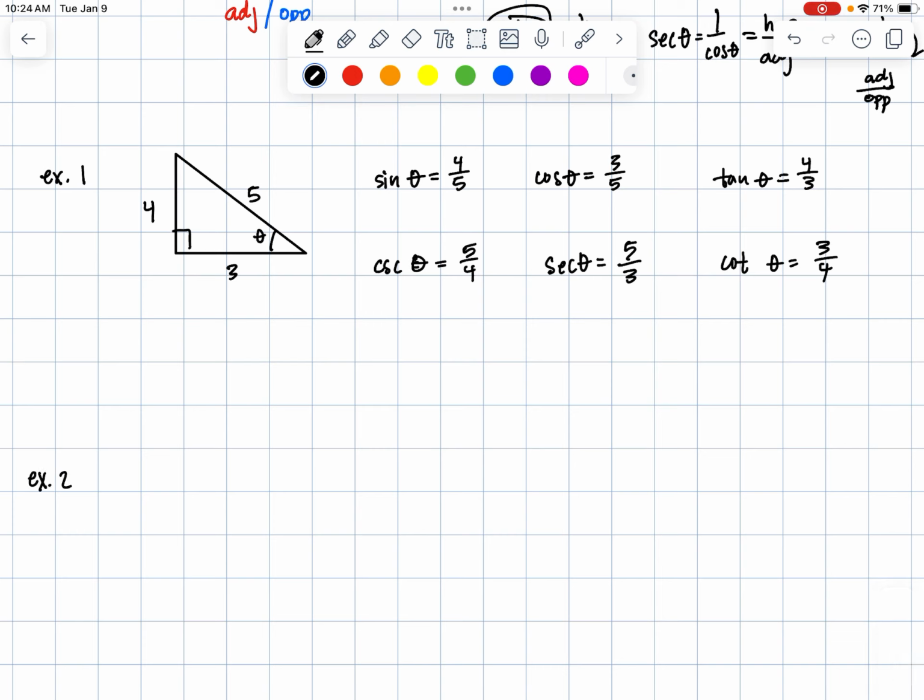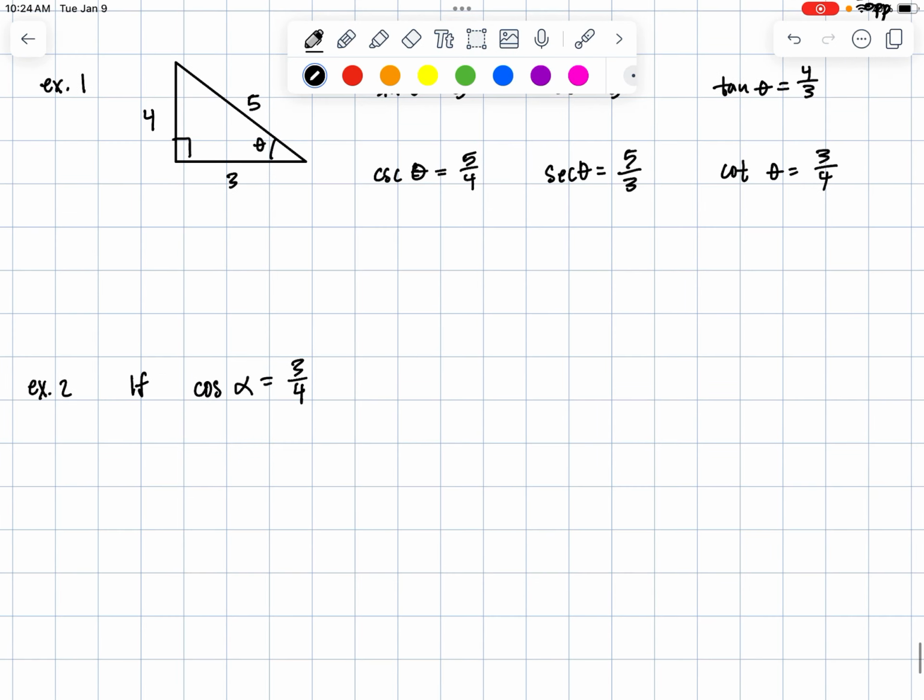Example 2. What happens if it just gives you a ratio? For instance, let's say cosine of alpha is equal to 3/4.